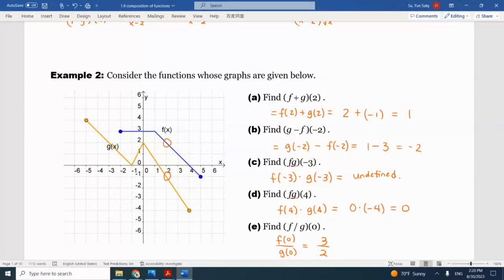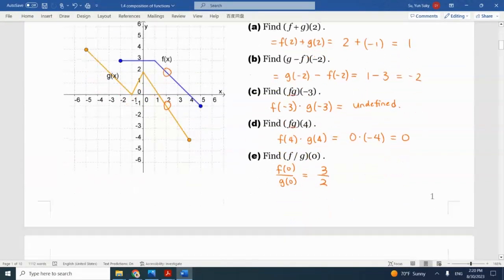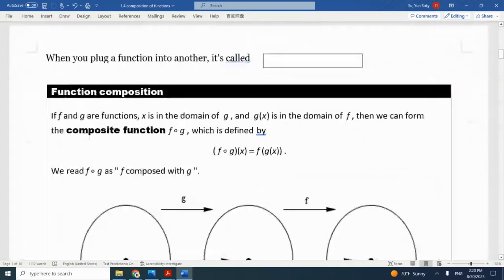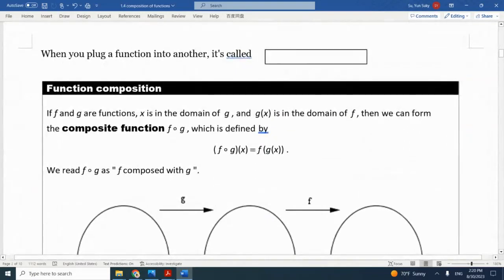So f of 0 here is 3, and g of 0 is 2. Okay, everybody? All right. So that is addition, subtraction, multiplication, and division. Next, when you plug a function into another, it's called composition.